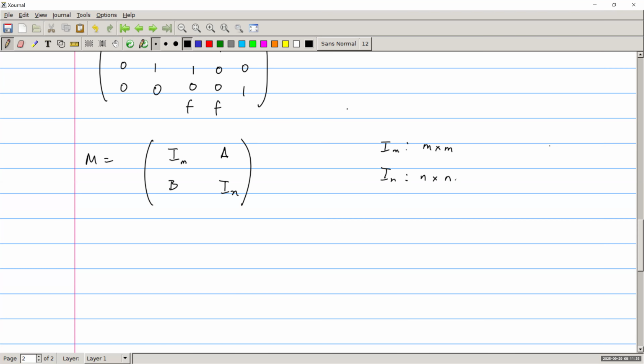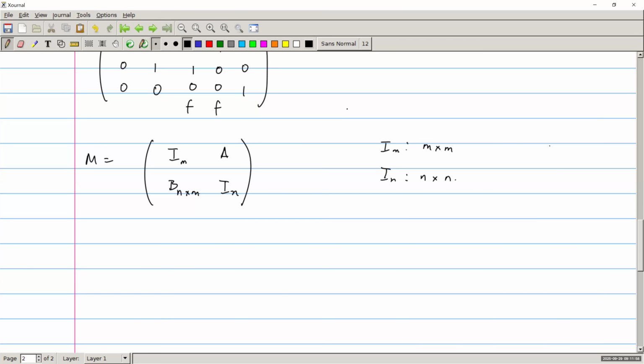How many rows does B have? N, because it must have the same number of rows as the identity matrix on the right. How many columns does it have? M. So even though we didn't specify, the size of B is fixed. What about A?